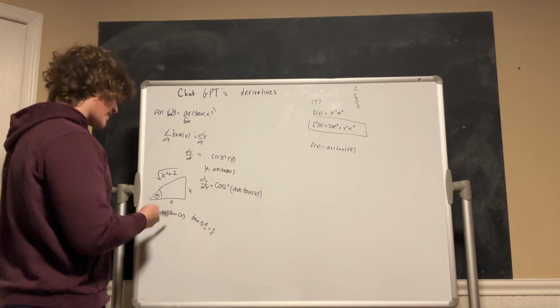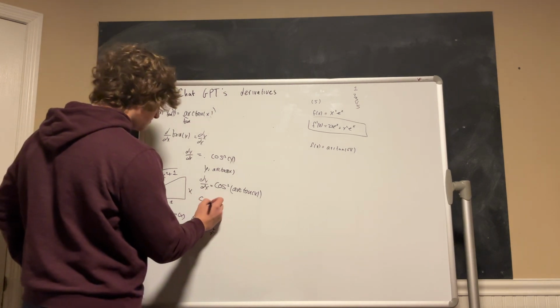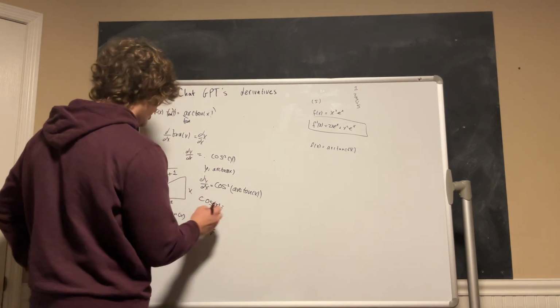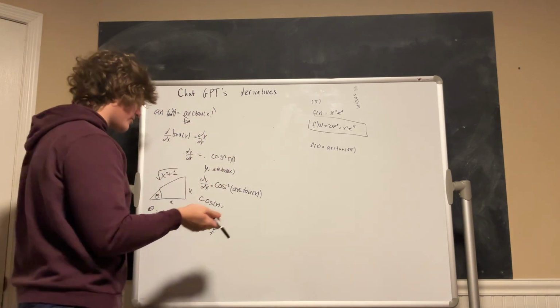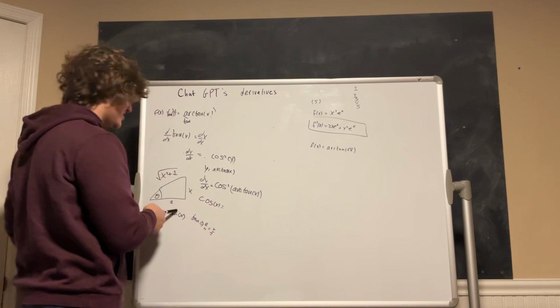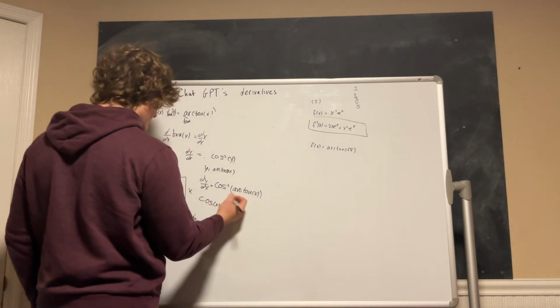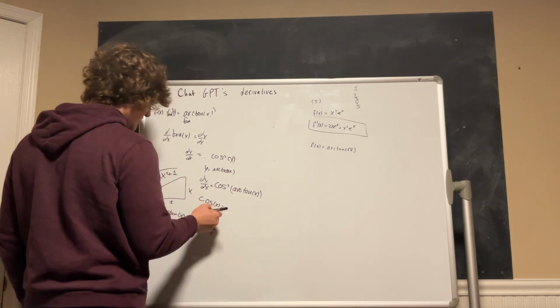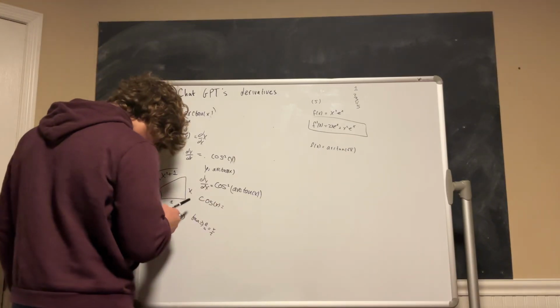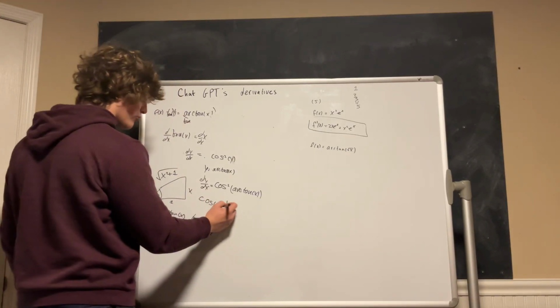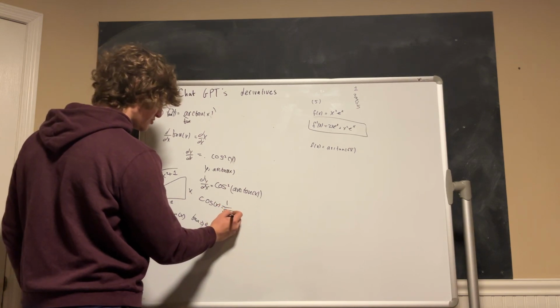And since cosine is adjacent over hypotenuse, that means our cosine is equal to 1 over the square root of x squared plus 1.